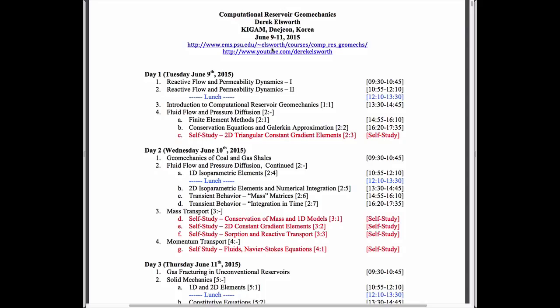The reason for including the Navier-Stokes equations in this class, if we had time to look at them, is that what we have dealt with so far, the conservation equation, has just been a conservation of mass equation. Mass rate in equals mass rate out, which gives us a continuity equation.